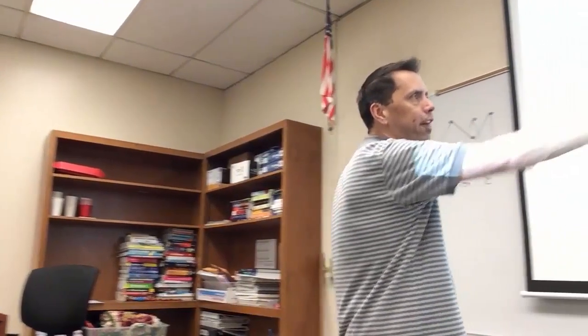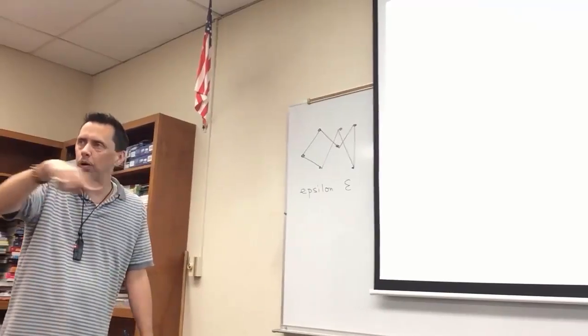And the same for the final vertex. It might get passed through a bunch of times, and then at the end, you're going to add a 1. So the necessary condition for an Euler path is that your graph has to have exactly 2 vertices of odd degree. And those vertices are where your path begins and where it ends.